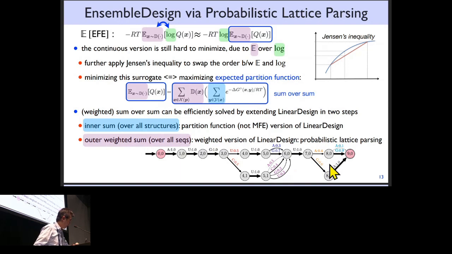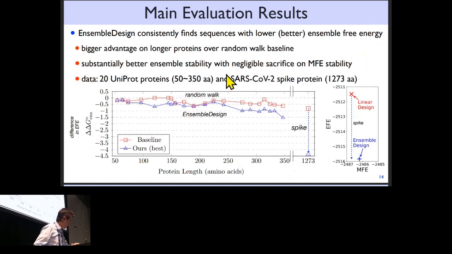Okay, I will not go into any details, just to show you the results. So we want to optimize delta G ensemble, that is the ensemble free energy, to be lower, the better. So it can effectively find sequences with lower ensemble free energy, and the advantage is bigger on longer sequences over the baseline of random walk, especially on the very long sequence of the spike protein, which has over 1,000 amino acids.